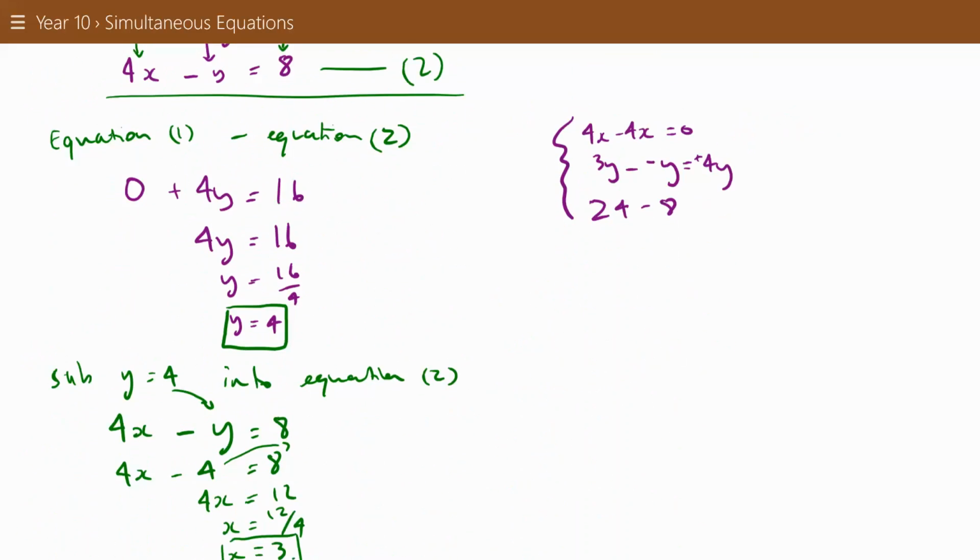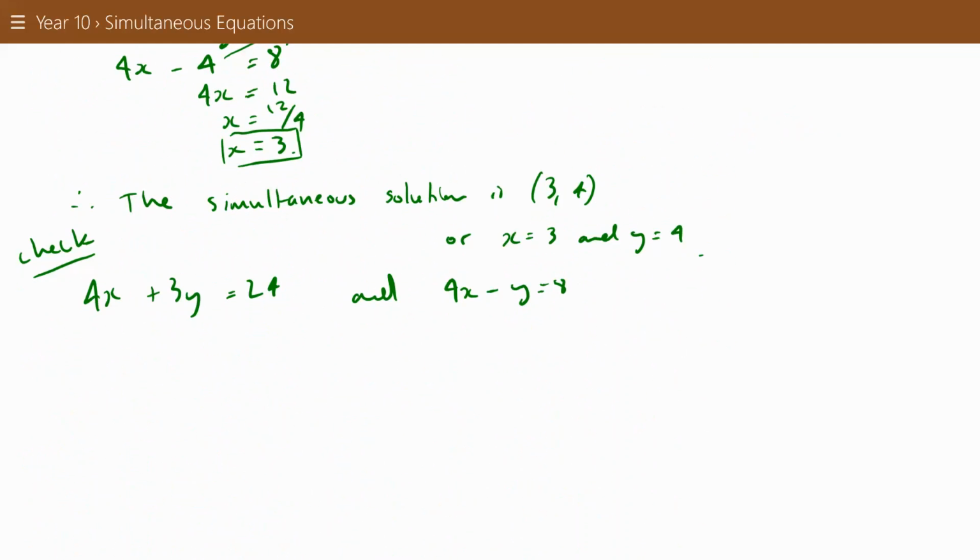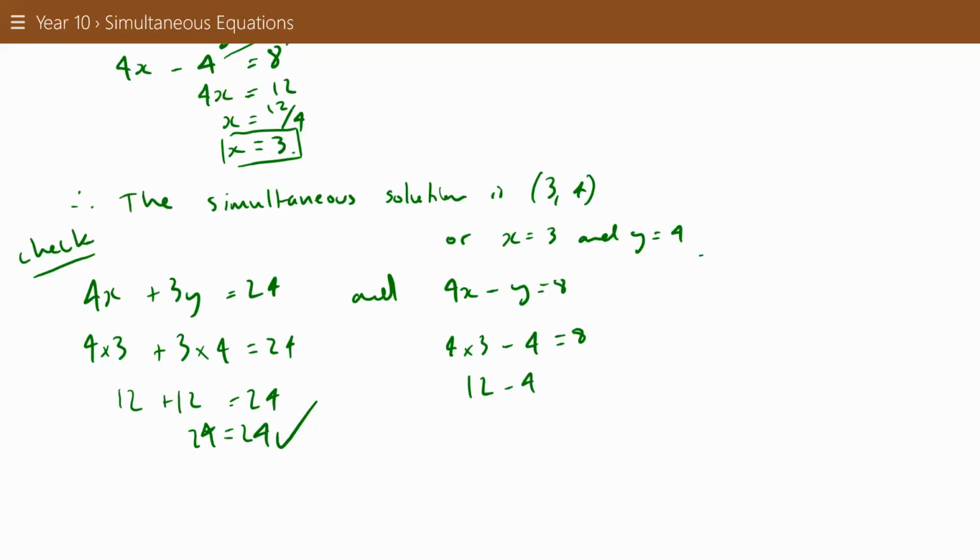Let's sub it in just to check we've done this correctly. So x equals 3, y equals 4: 4 times 3 plus 3 times 4 equals 24. 12 plus 12 does equal 24. 24 equals 24. That means we've done it right there. 4 times 3 minus 4 equals 8. 12 minus 4 equals 8. 8 equals 8.